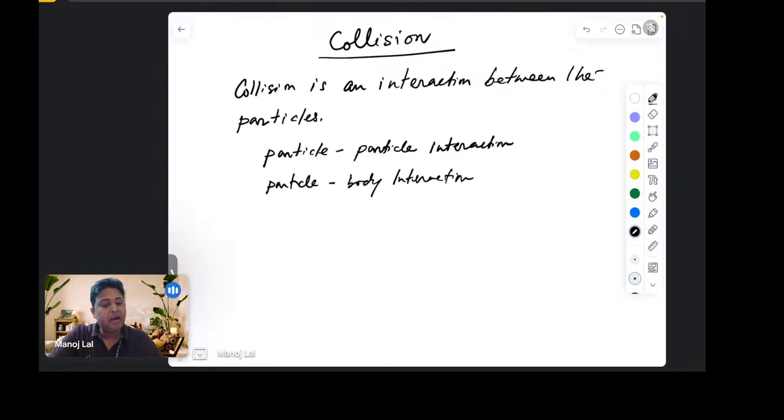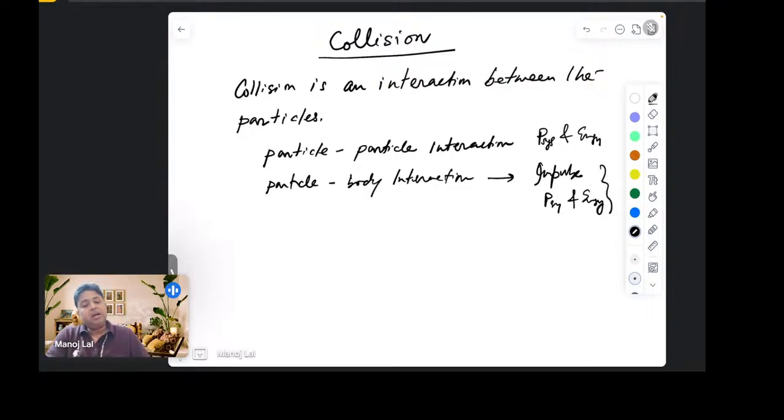So here we will be more involved about the impulse, and here we will think in terms of conservation of momentum, the system, and energy. Here also we'll think the momentum, the system, and energy apart from impulse. So let me first discuss about the particle-particle interaction.